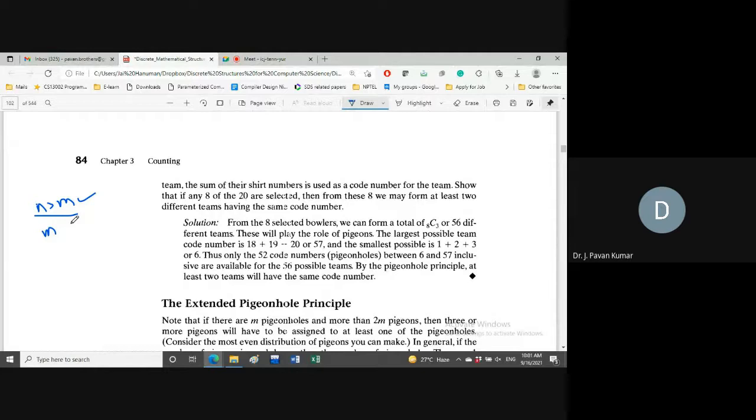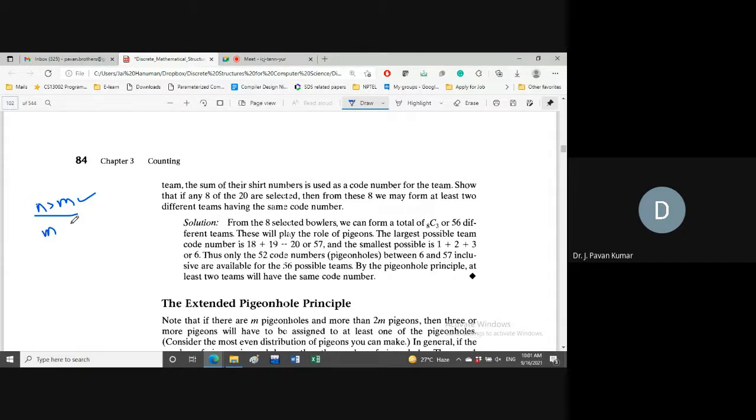But in the same context, I will change the numbers. 15 pigeonholes, but 370 pigeons. Try to understand. Now again I will say there exists at least one pigeonhole with more than one pigeon.